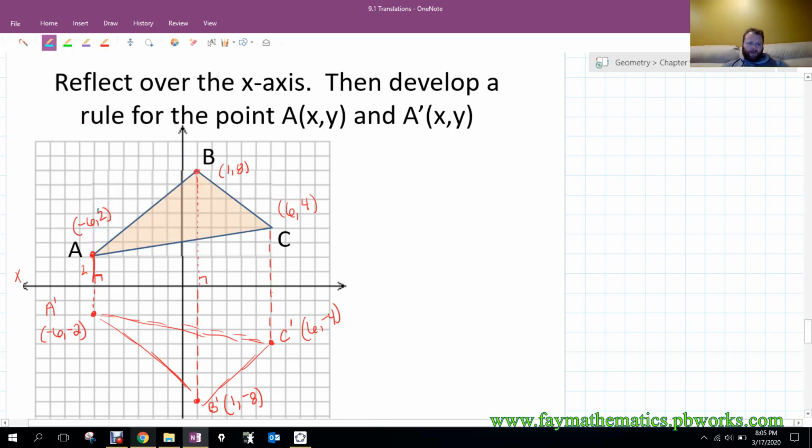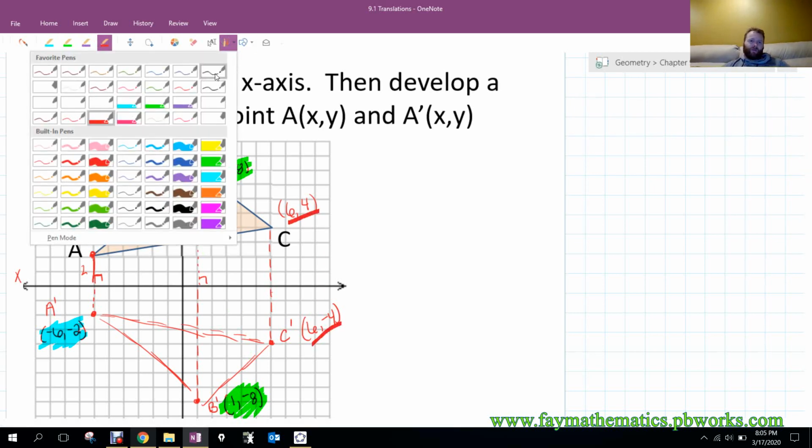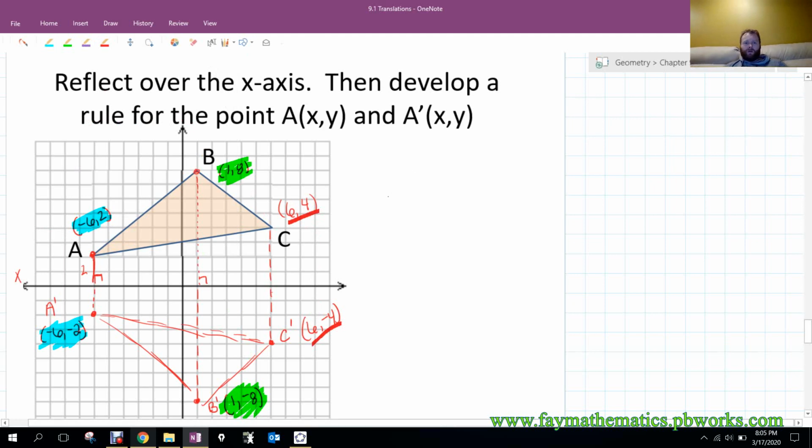If I compare the ordered pairs for A prime and A, they are the same, except the Y in A prime is opposite. If I look at these two, they are the same, except the Y is opposite. And then if I look at that one and that one, they're the same ordered pair, but again, the Y is opposite. So what does that mean to me?